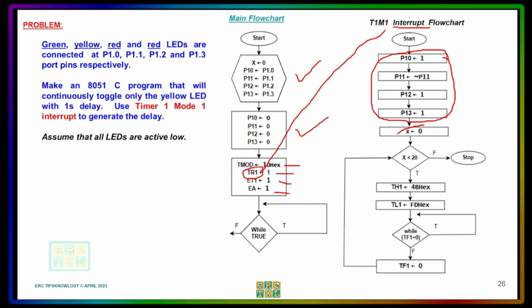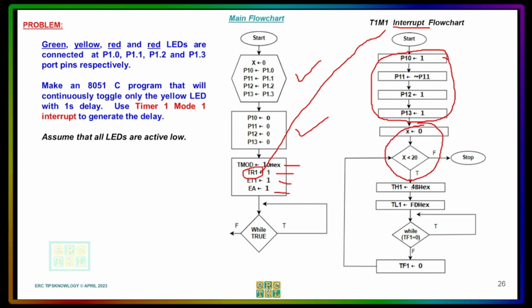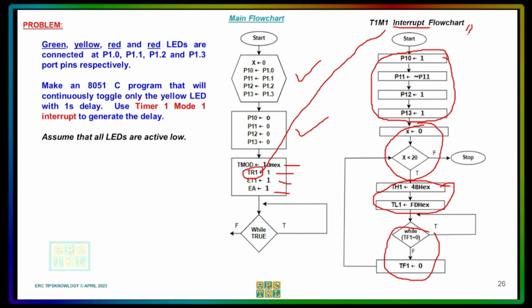And this is the one where it's counting 20 times to do the 50 milliseconds delay. So these are all inside the timer 1 mode 1 interrupt delay, which is not just giving the delay, but we also put the necessary blinking of the LED here.